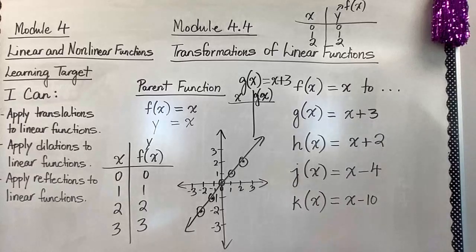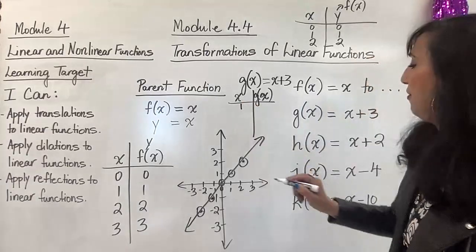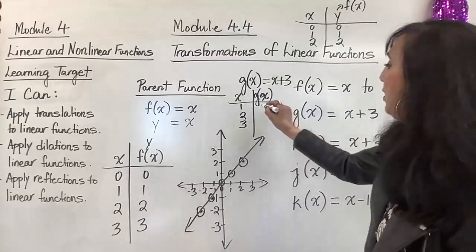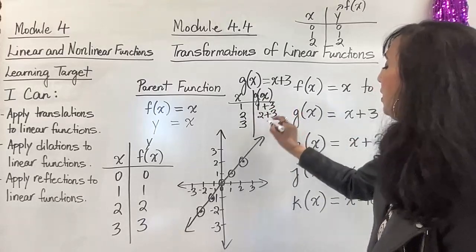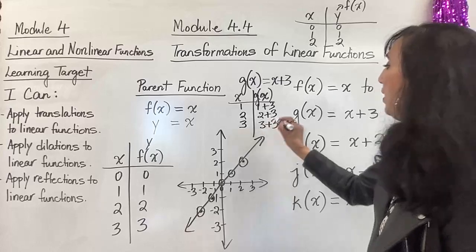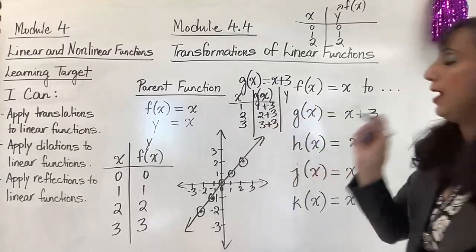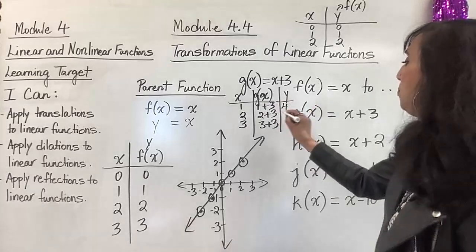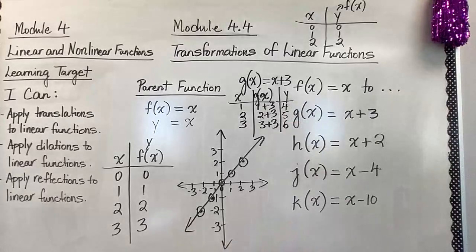All right, and so I can see if x is 1, 2, 3, etc., what is g of x? It's going to be 1 plus 3, 2 plus 3, 3 plus 3. And that's how I'm going to get my g of x, which is nothing but the y, right? And so let's see, 1 plus 3 is 4, 2 plus 3 is 5, 3 plus 3 is 6.